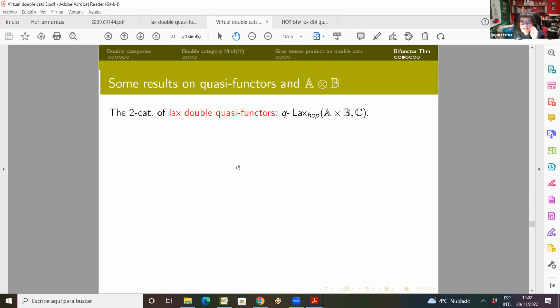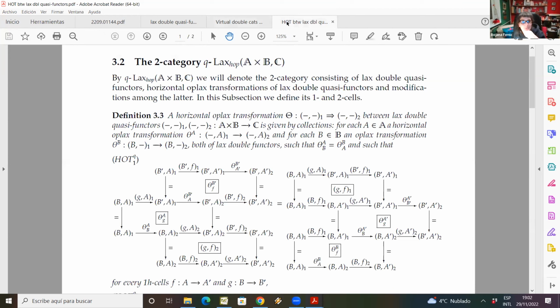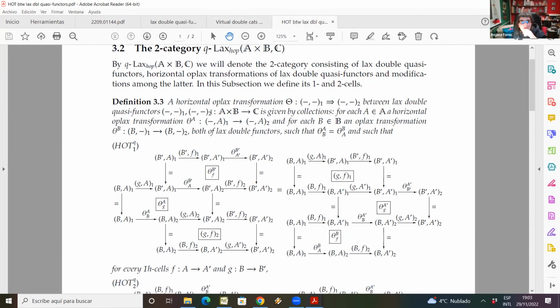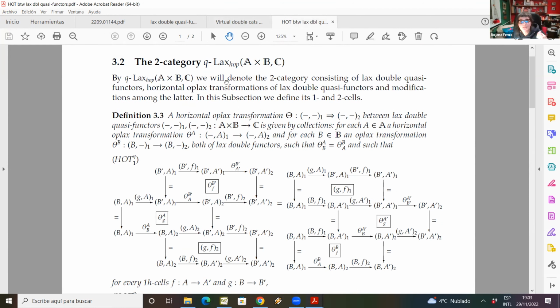Okay, so now these Lax double quasi-functors, I organize them into a two-category. And since I have a lot of time, I can also just show, not really to read the definition, of course, but just to go shortly over it. So one cell should be, this HOT stands for horizontal oplax transformations.